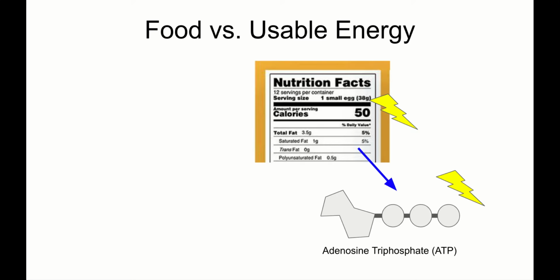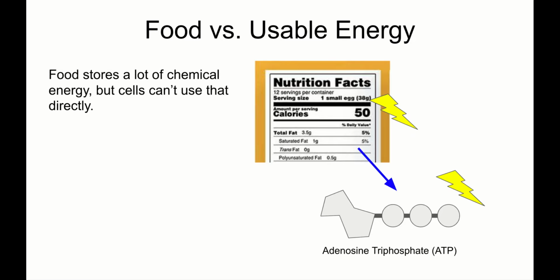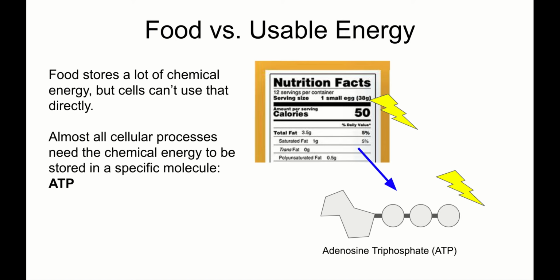So when we talk about food, sometimes we say food is energy, but the thing is, food is not usable energy yet. Food stores a lot of chemical energy. You learned this last week, but cells can't use that energy directly. They use a very particular type of chemical energy. Almost all cellular processes need the chemical energy to be stored in a specific molecule, ATP.